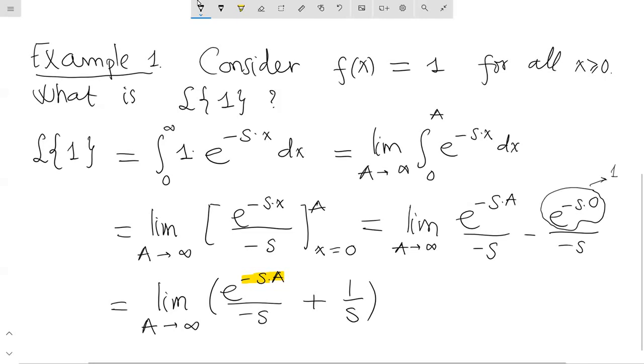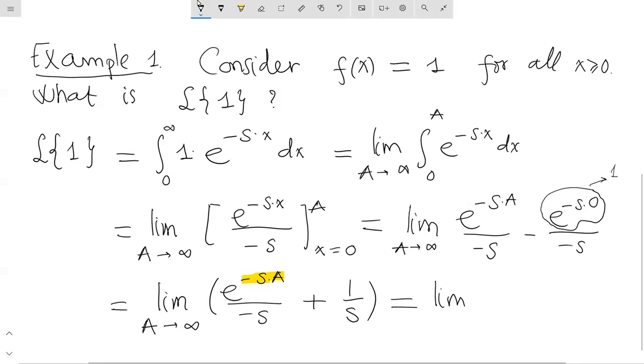When a goes to infinity, we get e to the minus sa. So provided that s is positive, then s times a would be positive, and because a goes to infinity, s times a would go to infinity as well. But there's a minus sign in front of the exponent, then the entire expression would go to 0.